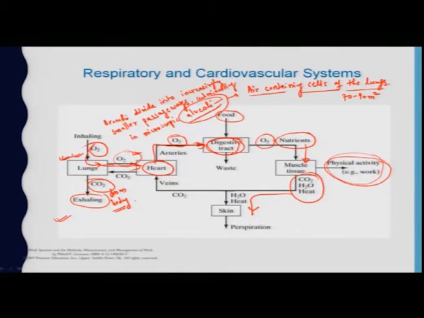Again, the carbon dioxide goes via the vein to the heart, and from the heart it goes to the lung, and the lungs exhale this carbon dioxide from the body.